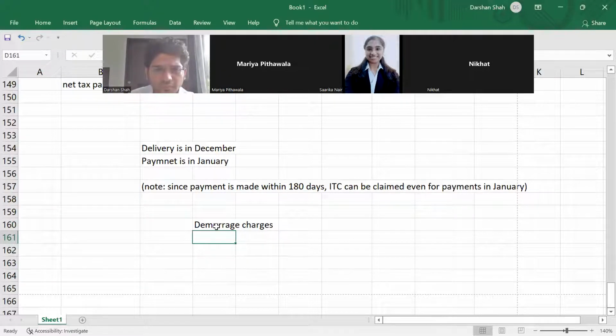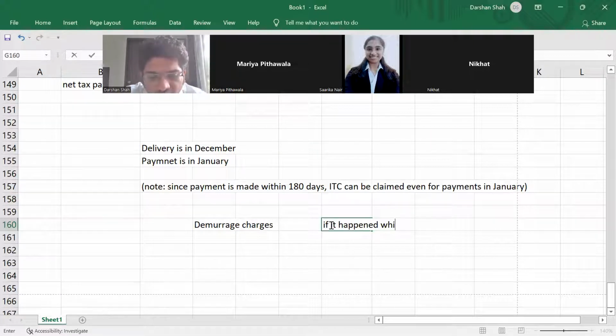So is demurrage charge calculated in assessable value or not? See, now okay. So demurrage charges, if it happens while in custody of port trust authority, then it is the port trust authority's fault, not under assessable value.